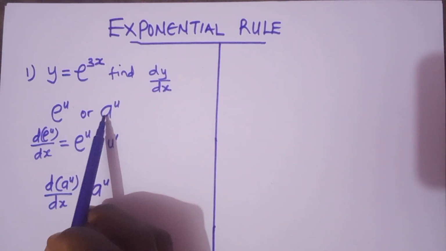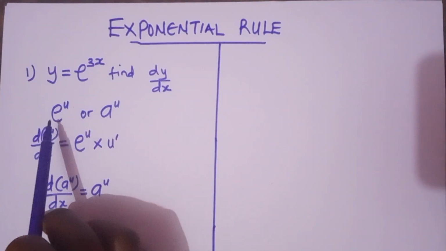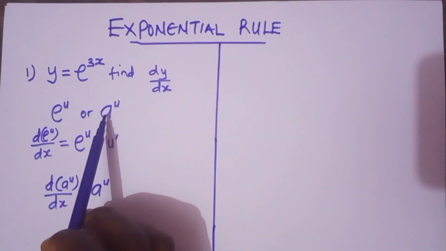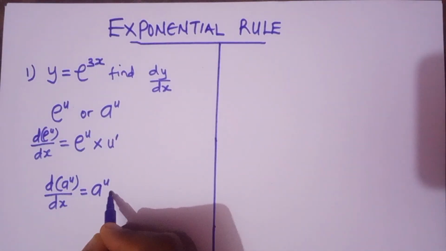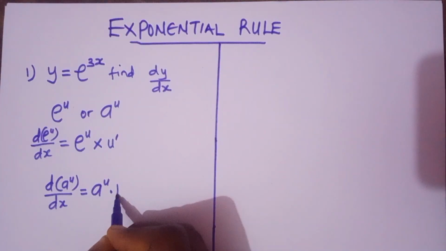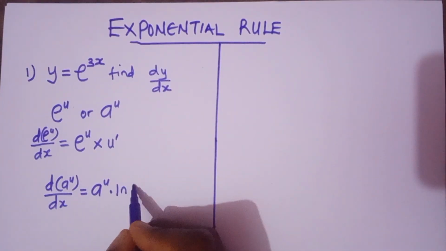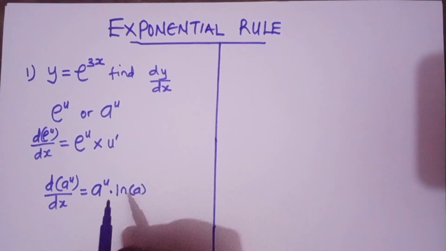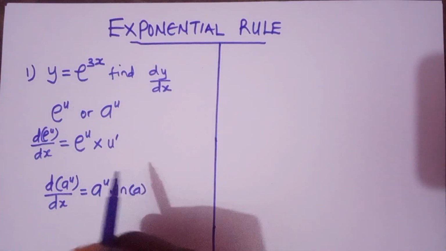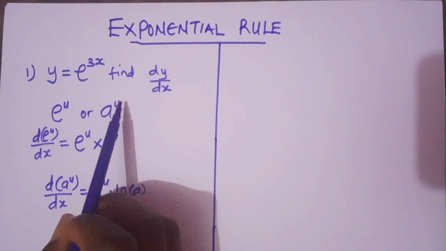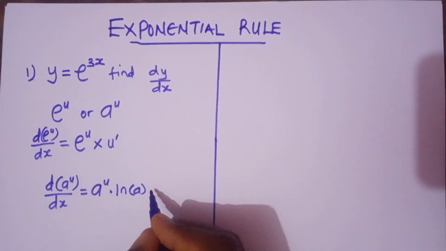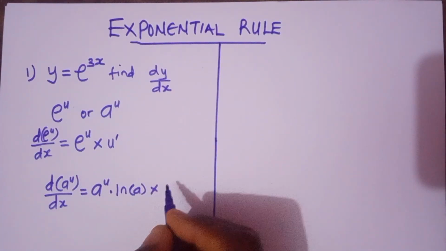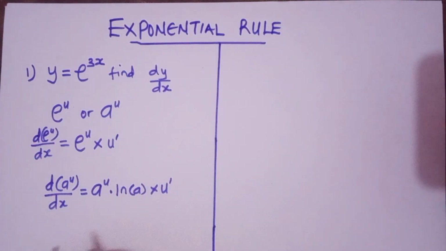Since this alphabet is not e, we regard it as a base, so we multiply it by ln a. Then find the derivative of the power, times u prime.